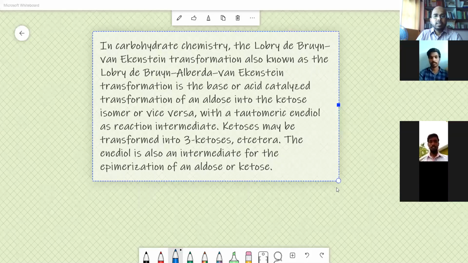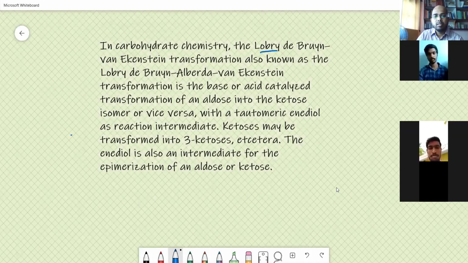Are you able to see the screen? Yes. So this is a method, but you are not going to remember this name.